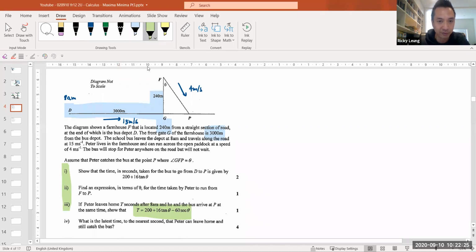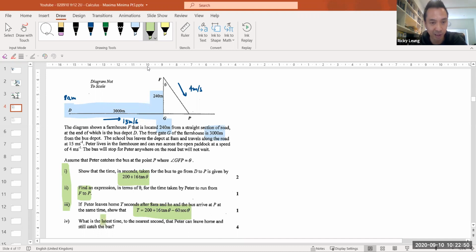Show that the time taken from D to P for the bus is that. Find an expression for the time that Peter takes from F to P. And then show that if Peter leaves T seconds after 8 a.m. and he and the bus arrive at P, T equals that, and then differentiate.